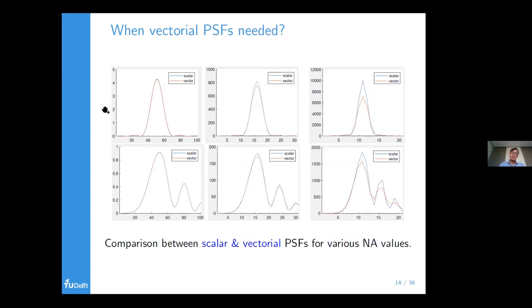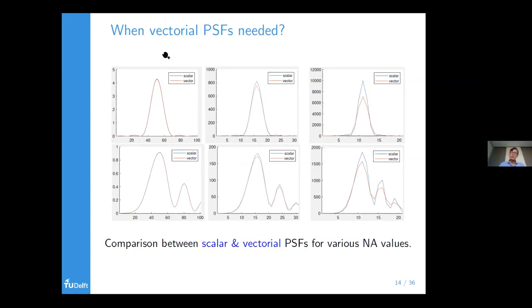Here the cross section of the scalar and the vector imaging models is plotted. The first row is for the case of no aberration of the generalized pupil function, and the second row is for the case with aberration. So we see the different shapes of the imaging model.